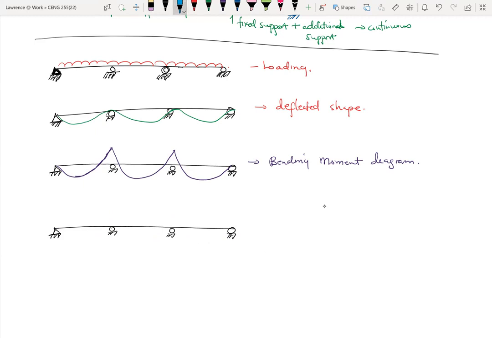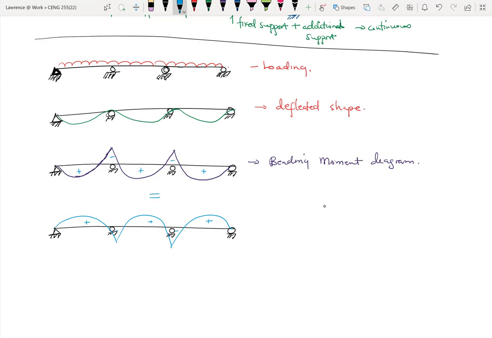Let me choose this color. So we are used to something like this, so that this is positive, positive, positive, and this is negative, negative. Here, this is my positive, positive, positive, negative, negative. It's the same thing. It doesn't matter.